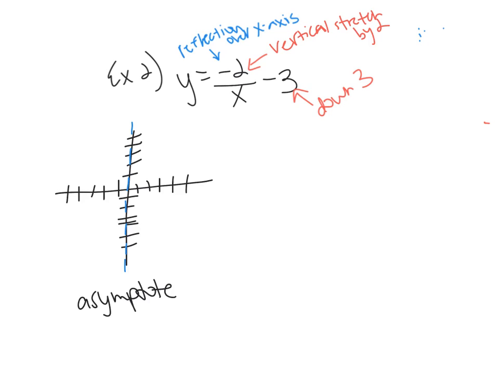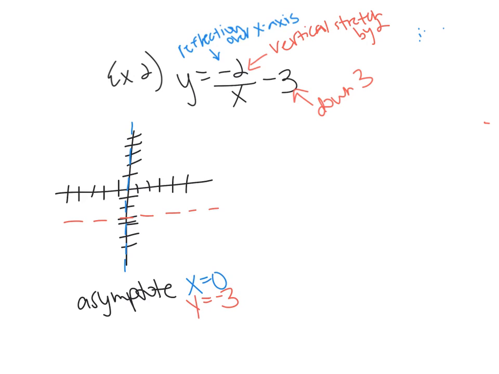Asymptote 1 is still going to be at x equals 0. But I am moving down 3, so my horizontal asymptote, instead of being at 0, is moved down 3: 1, 2, 3. Again, an asymptote is that imaginary line that the graph is never going to cross, and that will be at y equals negative 3.